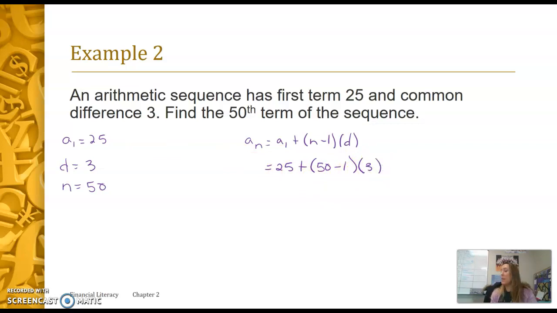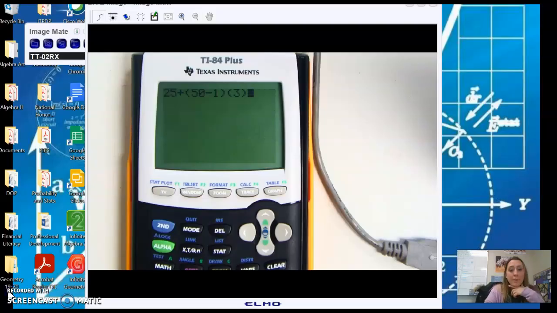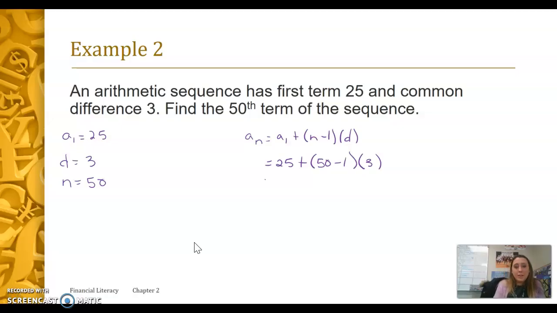And then you can plug all of that into your calculator, as long as you type it all out just like that. If you type this in exactly like this in your calculator, you can hit enter and you get 172. You can also do the math in your head if that's something that you want to do. So this is equal to 172.